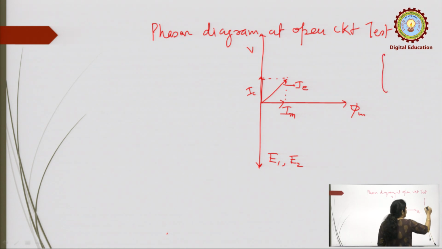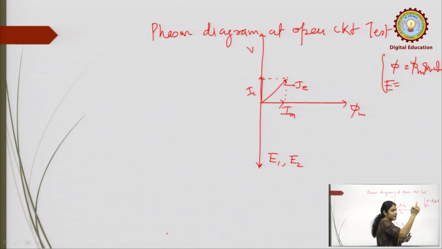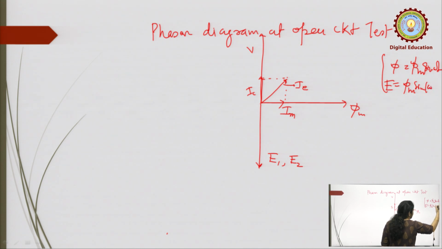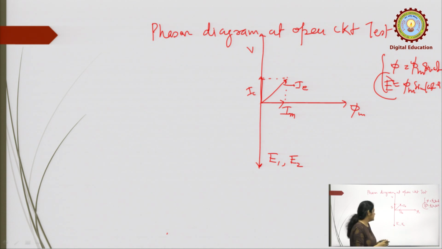If phi is equal to phi m sin omega t, then E is equal to minus N d phi by dt, so it is coming about phi m sin omega t minus pi by 2. That is why the induced voltage is always lagging the flux phi m. So, E1 is the EMF induced in the primary winding and E2 is the EMF induced in the secondary. Both EMFs are lagging behind the flux phi m.